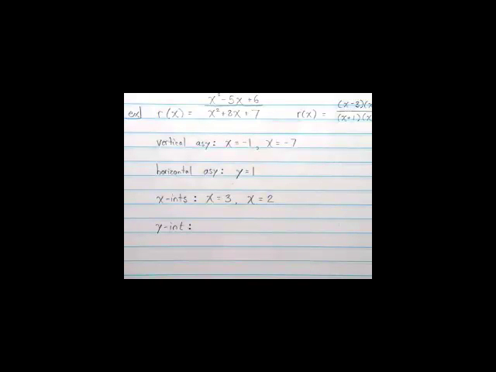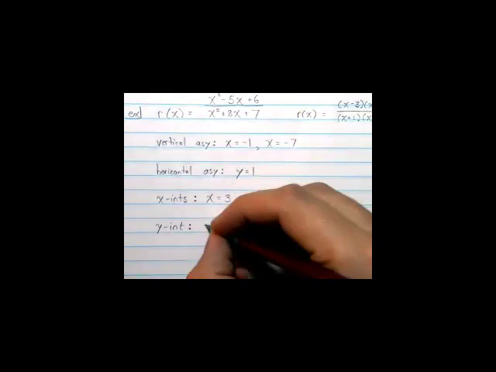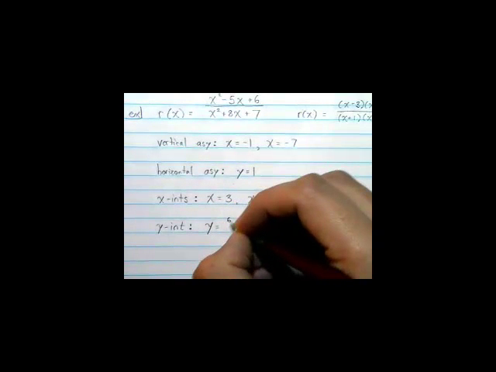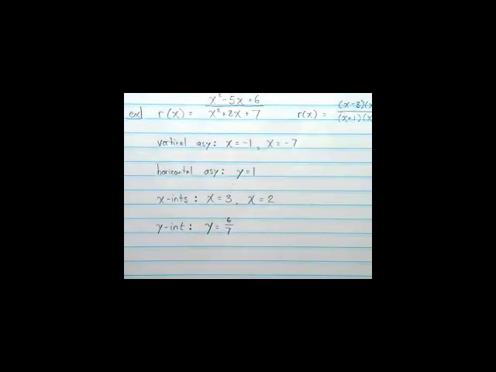So I can just go up to this original and say, everywhere x is 0, get rid of all of that. What do I have? 6 over 7, right? There's your y-intercept, 6/7. So that original is much easier for that. Just get rid of every term that has an x, and what's left over will be your y-intercept.